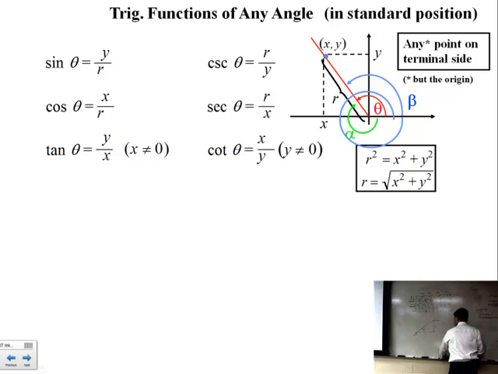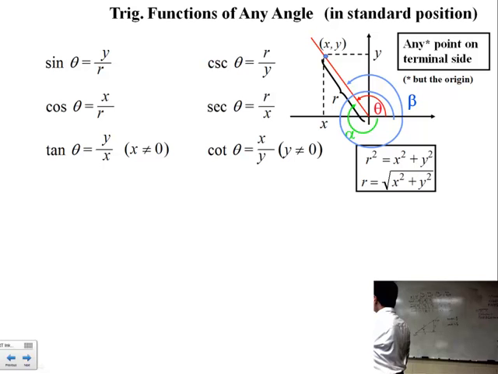So if the hypotenuse is r in the acute case, then we can just write sine of theta is y over r, and cosine of theta is x over r, right? Opposite over hypotenuse, adjacent over hypotenuse. Well, now we just do the exact same thing, but now this terminal side could be anywhere.